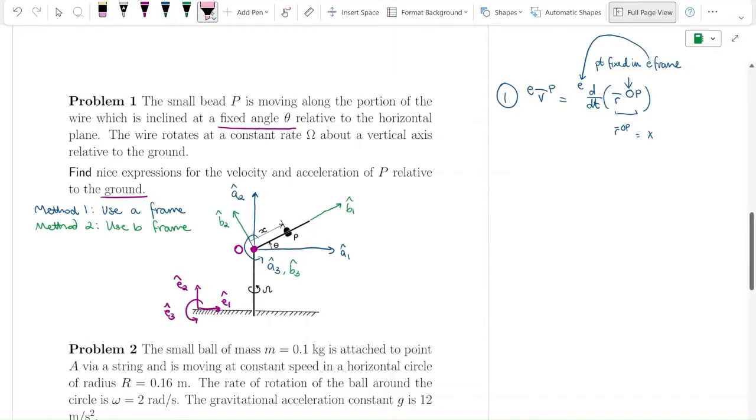I would go a distance x cosine theta along the A1 hat direction and x sine theta in the A2 hat direction. So let me write that out.